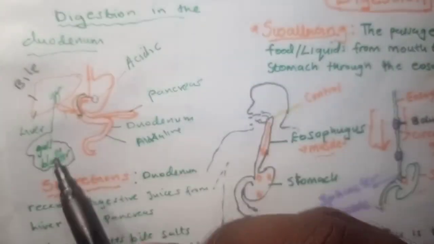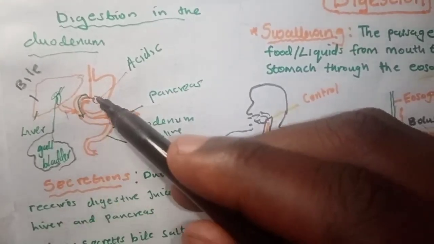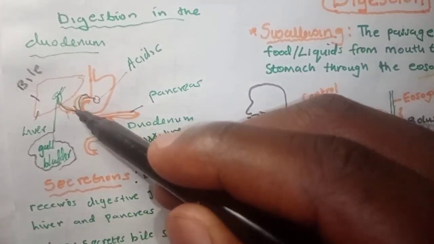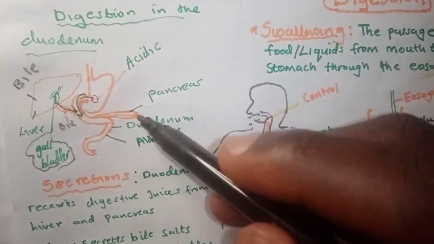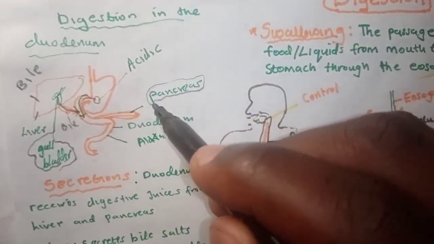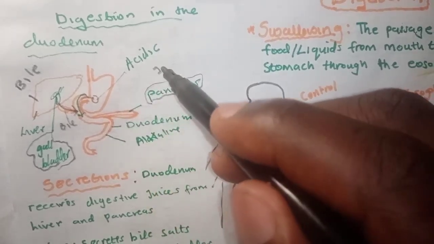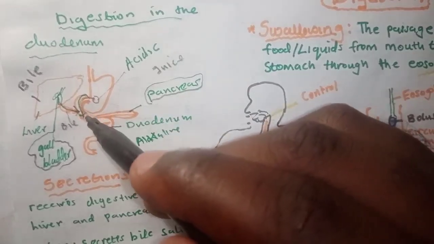As the food is passing here, the bile mixes with the food. Again, you have a special organ that we call the pancreas. The pancreas also secretes a juice called pancreatic juice, which also mixes with the food here.